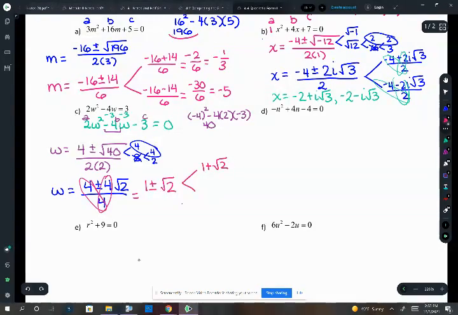Again, that's totally up to you. It's 2 different options, but you get the same idea. If I broke it down to be 4 plus 4 root 2 over 4 and divided, I'd get 1 plus root 2. If I did 4 minus 4 root 2 divided by 4, I'd get 1 minus root 2. So just be careful with that, but it still will give you the same answer either way.